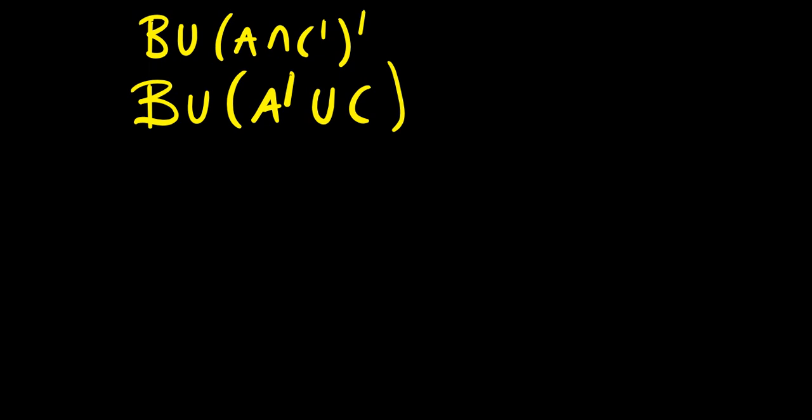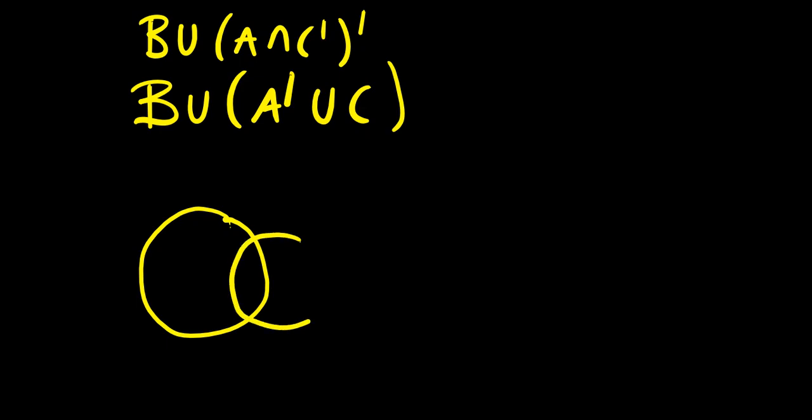Now, how are you now going to shade this one? Now we've got two sets. We've got B and A union C. Okay, so let's say this is our A and this is our C. This is A and this is C. Then there's also a B. Now where are we going to put our B?